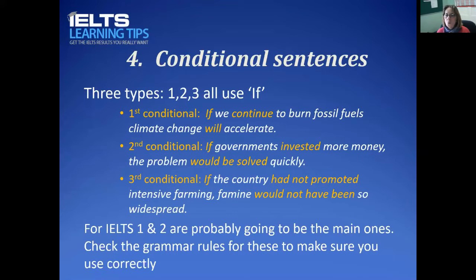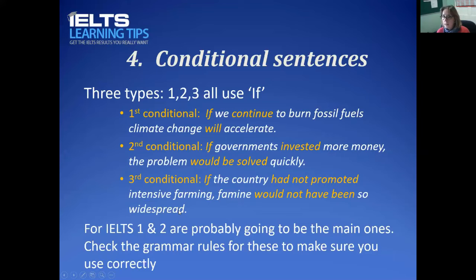So depending on what you want to say, you choose the correct conditional. Now, the third conditional is grammatically a little bit more complex. It's probably less likely that you'll use third conditional because it's quite specific. It talks about an impossible situation because it's something that has already happened and therefore cannot be changed. So if the country had not promoted intensive farming, famine would not have been so widespread.